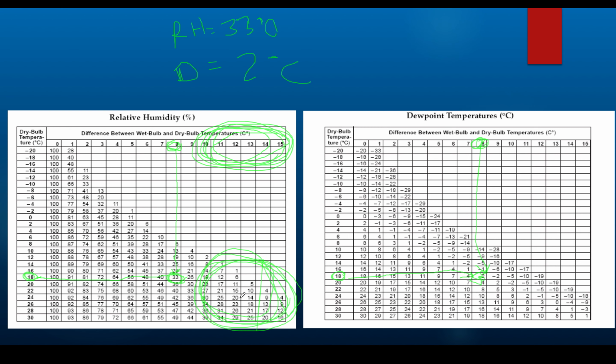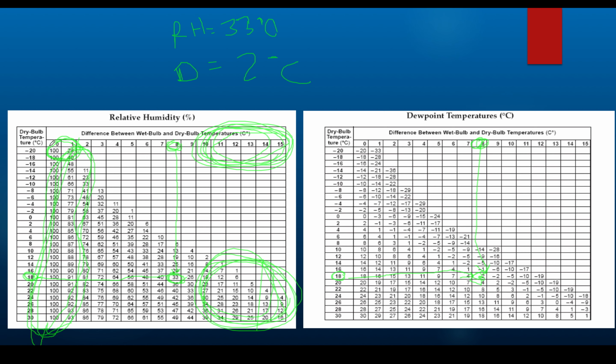Look at this, 20, 29, 39. Those are some of the lowest humidities we can have when we have very far apart temperatures. On the other side of the spectrum, when we have no difference or a degree of difference, we can have a very large or high percentage for the relative humidity.